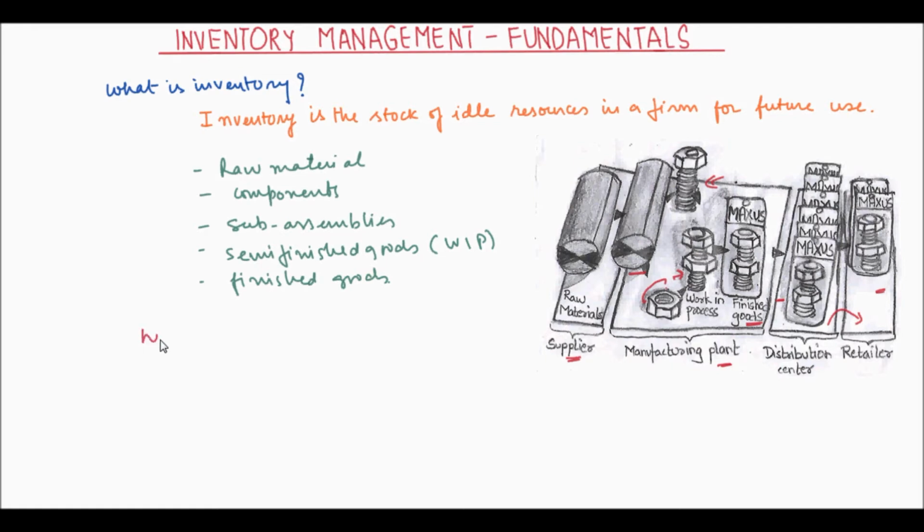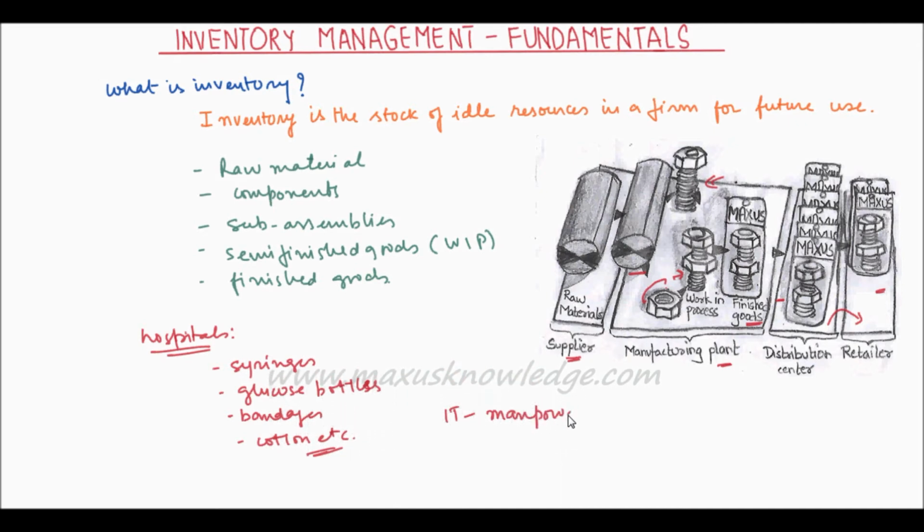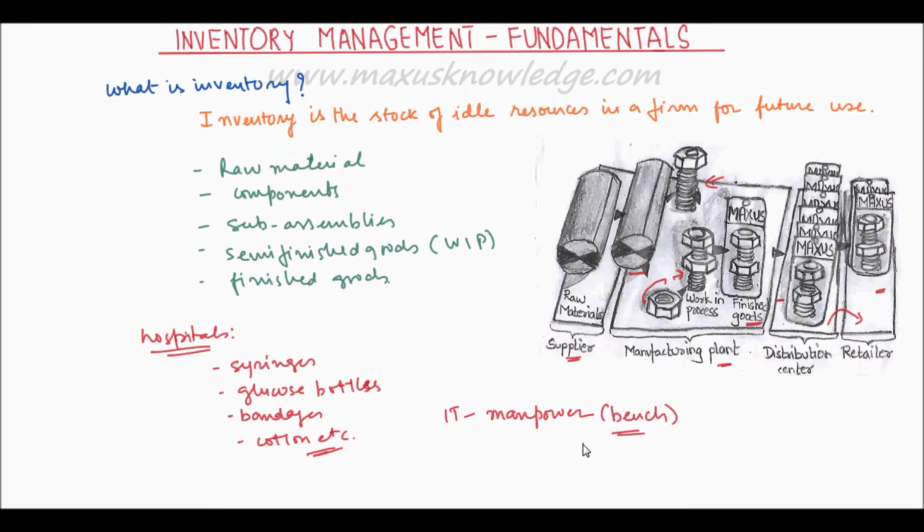Now, hospitals carry inventory such as syringes, glucose bottles, bandages, cotton, etc. In an IT organization, manpower is the inventory, which is typically also known as bench when the people are not on a billable project.